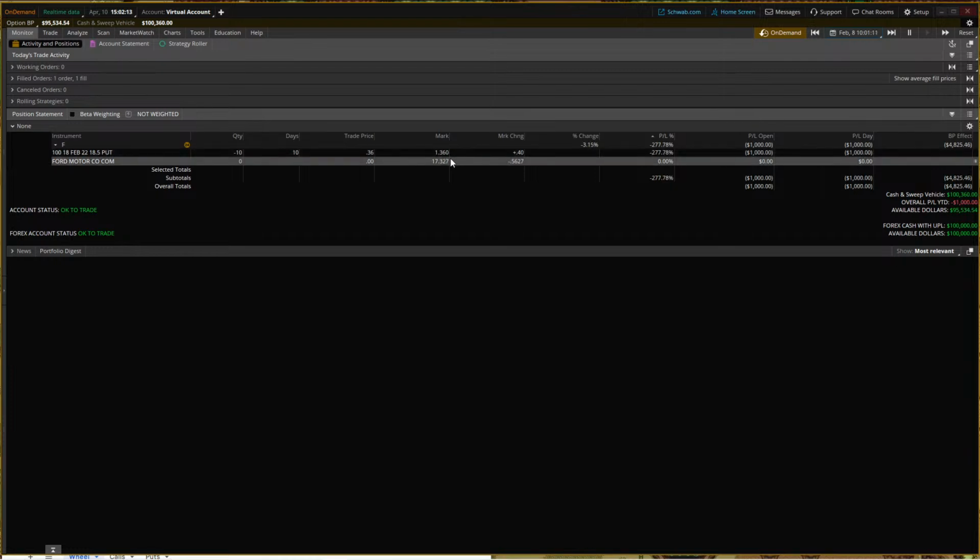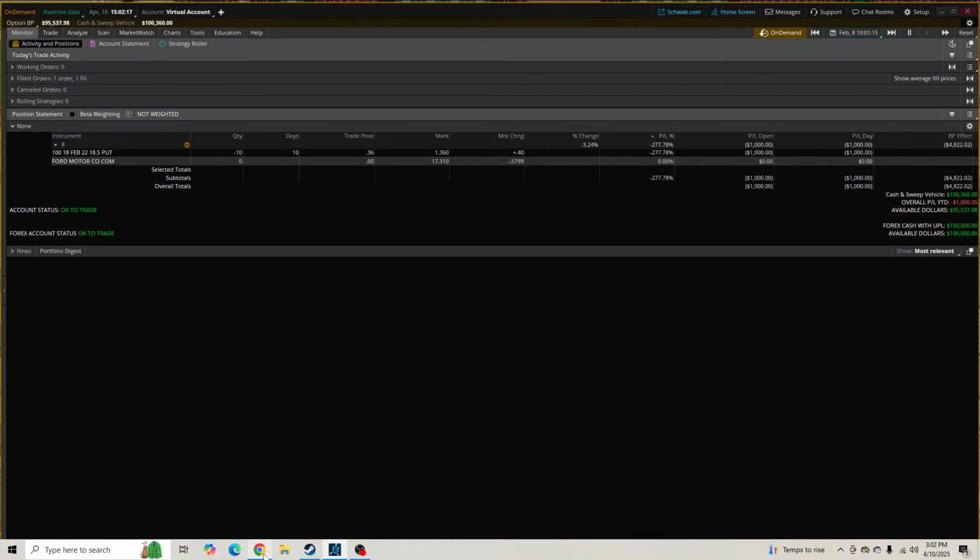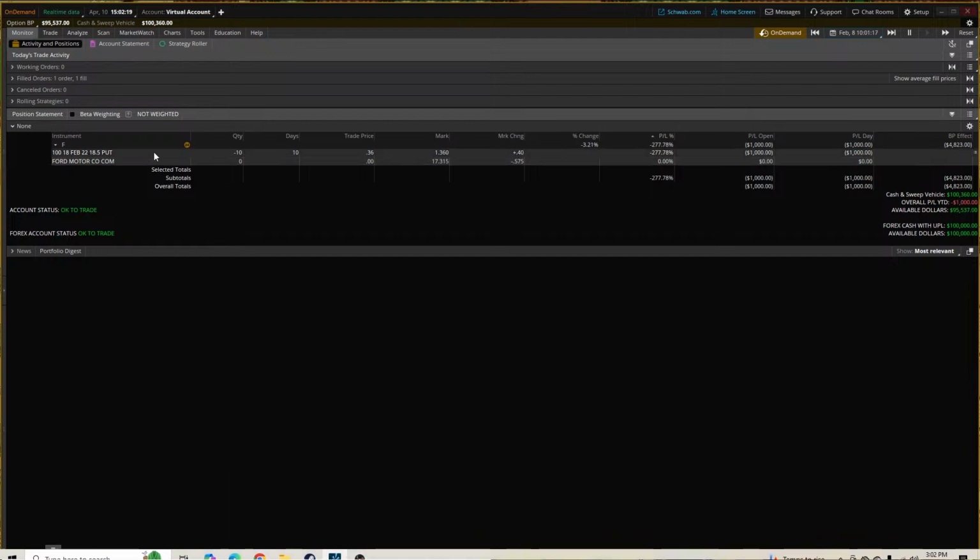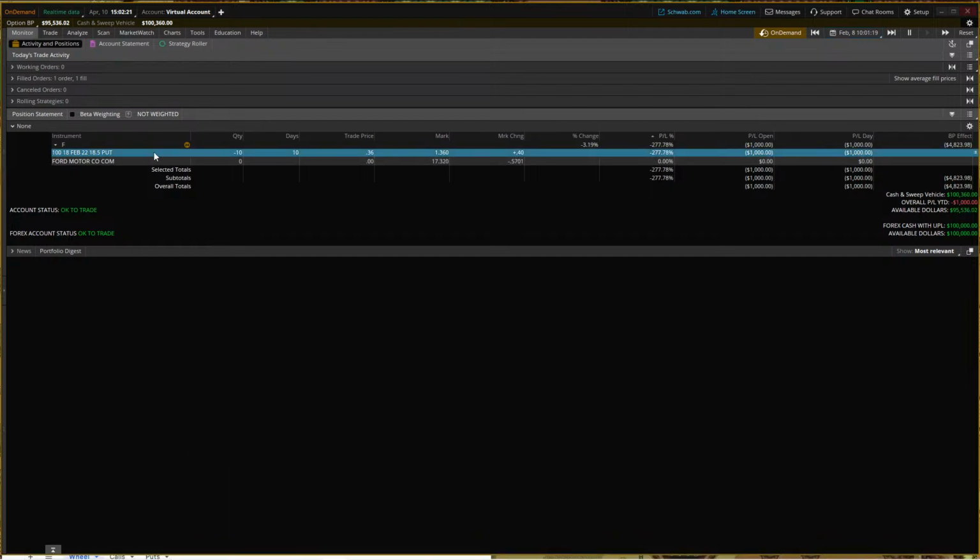We would have gotten stopped out there because our mark price is 136. So all things considered, here's where we're at. Now, the thing is, we can roll this position. Let's see here. What options do we have with these options?